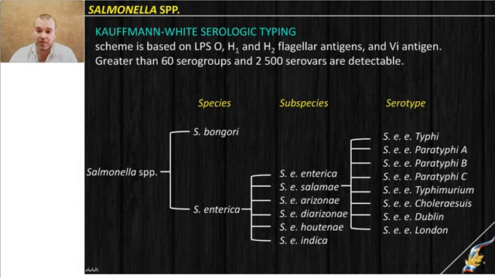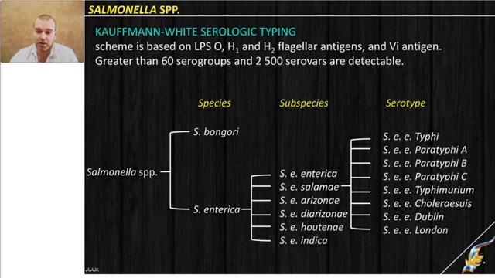In the correct way, it should be named Salmonella enterica subspecies enterica serotype Typhi. But of course, it is long, it's not very useful to use that name, and usually we abbreviate it to Salmonella typhi, but again it's not a separate species, it is a serotype of Salmonella enterica.